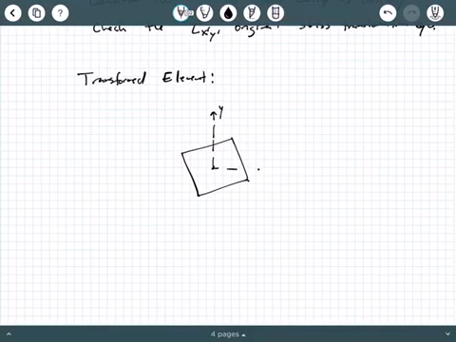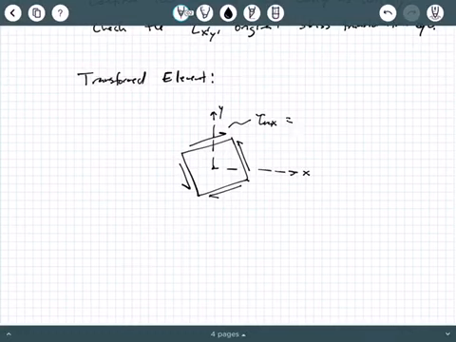Okay. So once we run these calculations, we can look at the transformed element. And the transformed element for shear stress is going to look kind of like this. And, like I always like to do, I put my global axes here, okay?